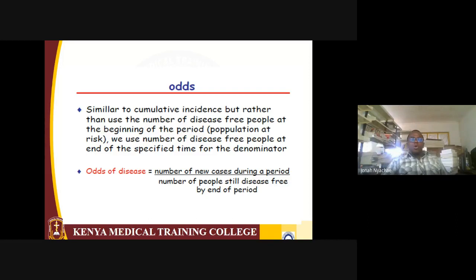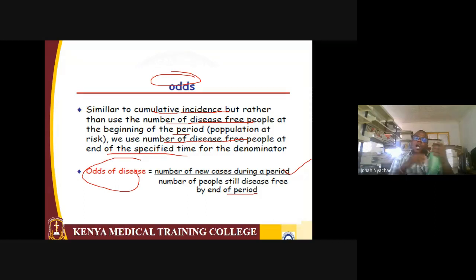So we talk about odds, similar to cumulative incidence, but rather than use the number of disease-free people at the beginning of the period, we use the number of disease-free people at the end of a specified time. So the odds of a disease is equal to the number of new cases during a period over the number of people still disease-free at the end of the period.